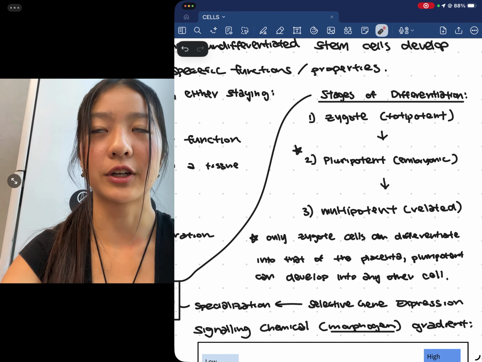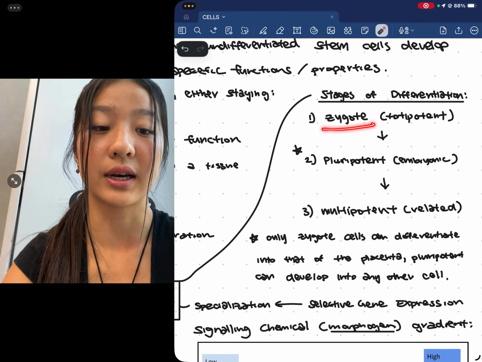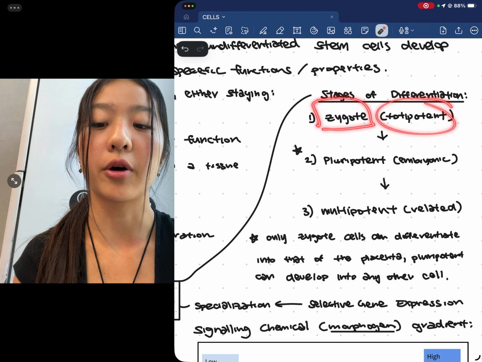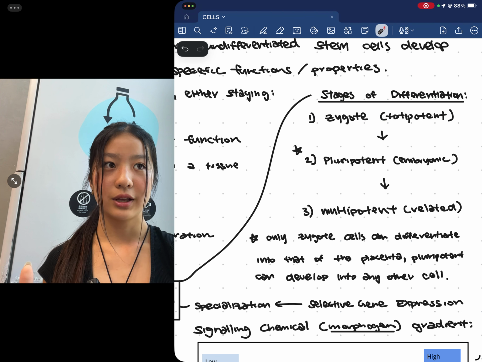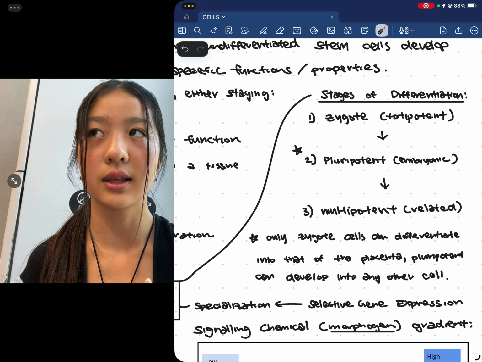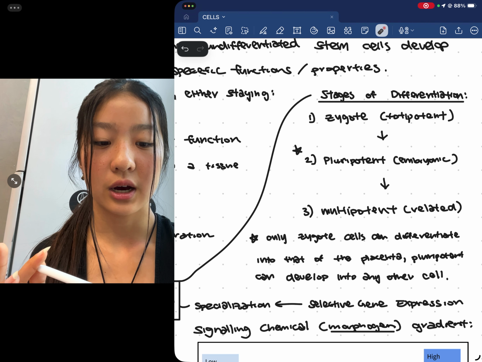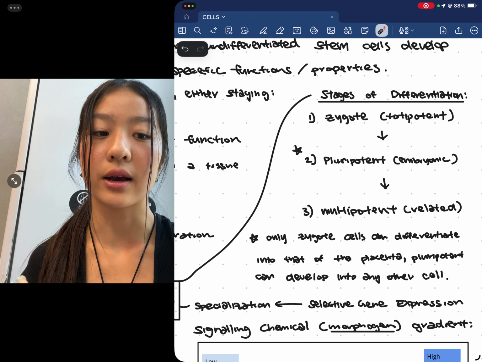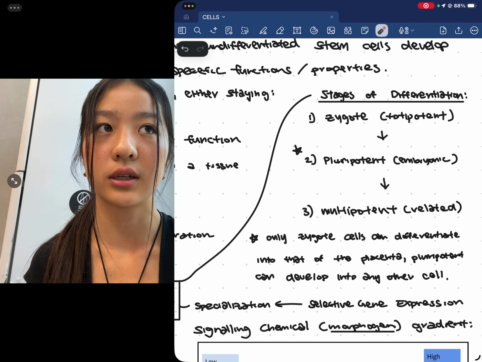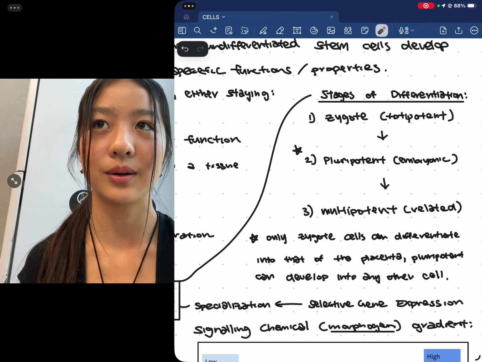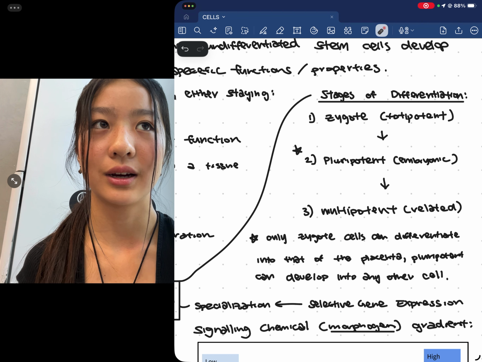The stages of differentiation from a stem cell start off with the zygote, which is also known as totipotent. The totipotent stage is where the stem cell can develop into any sort of cell, and this includes the placenta, but only the zygote can develop into the placental cell, and this is when the cells are still within utero.